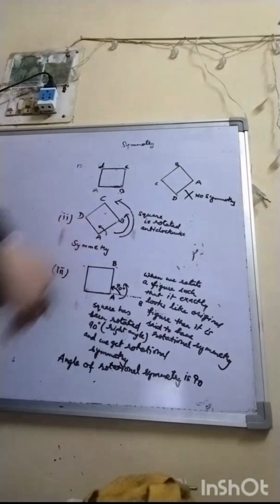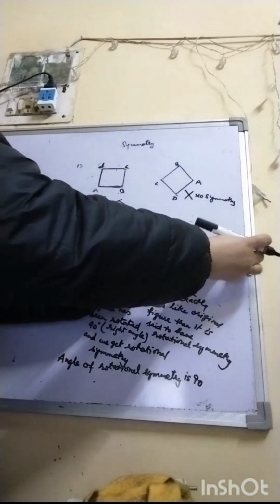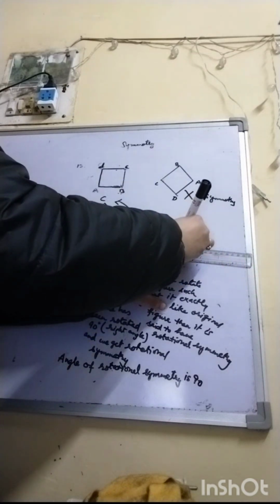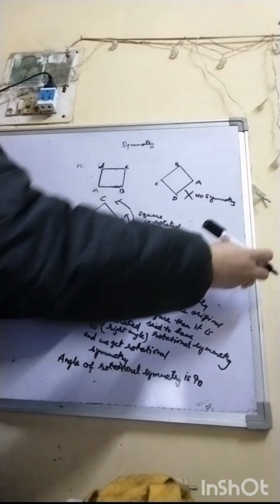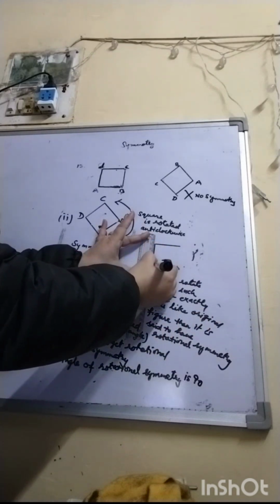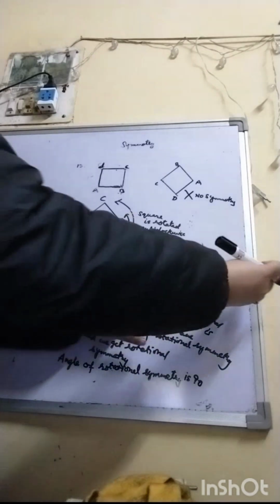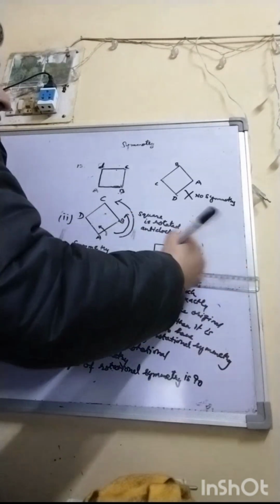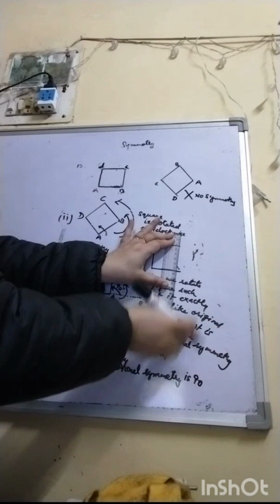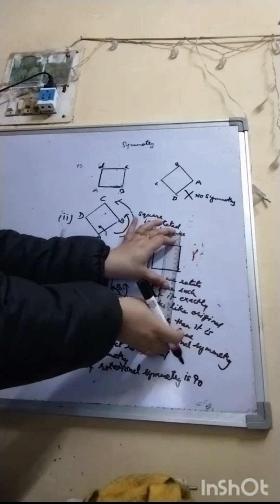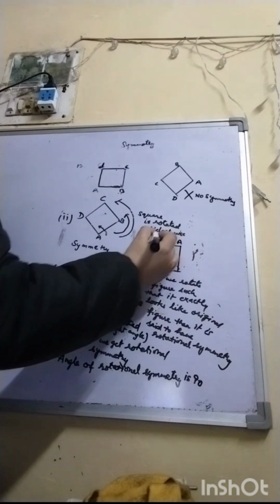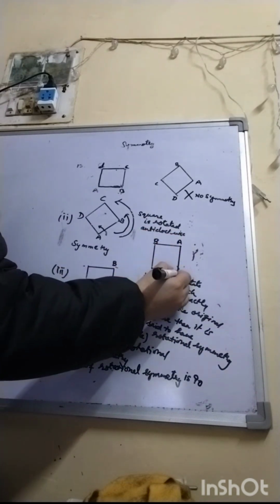Now in the next figure, I would further rotate the figure and make it a square again, but this time while naming the square I would get A here, B here, C here and D here.